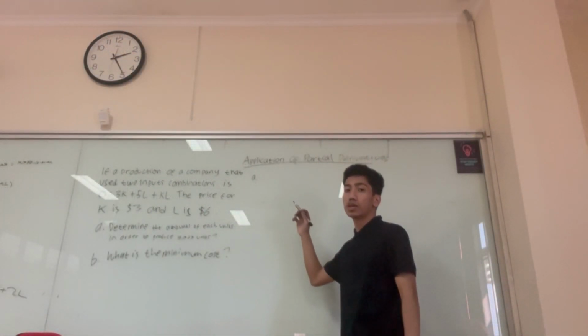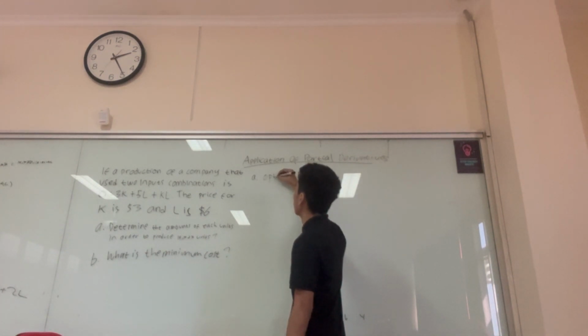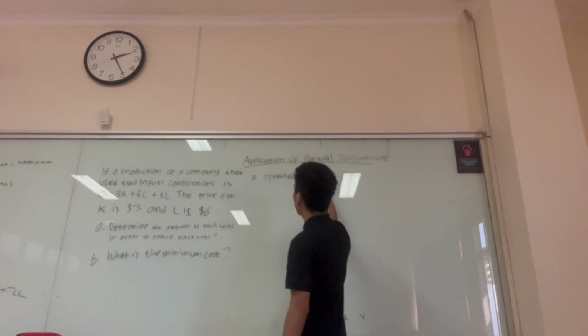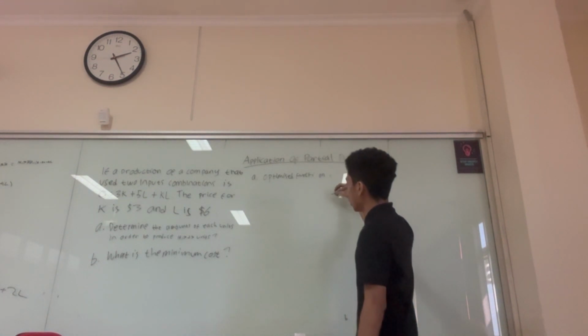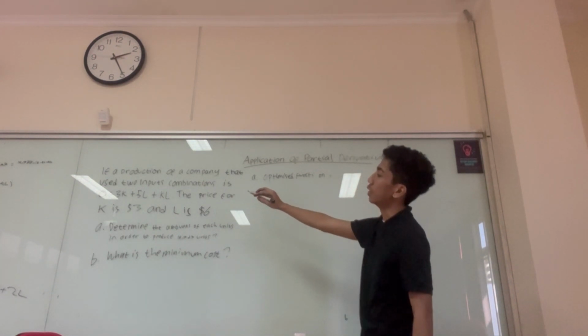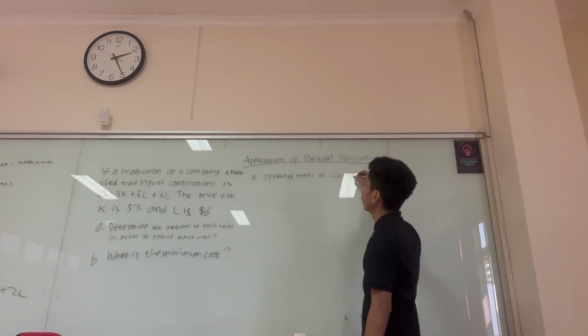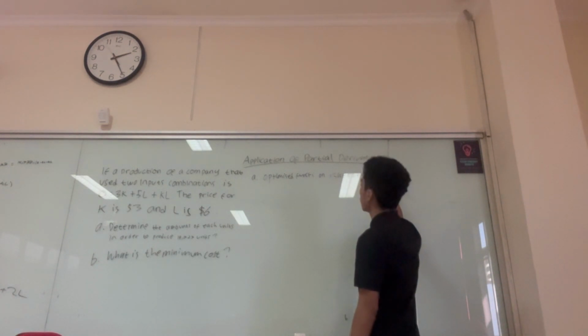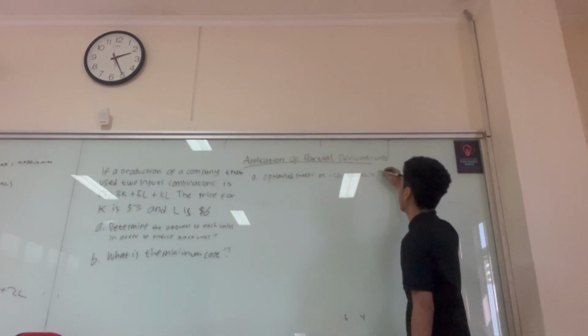Okay, so the first step is we have to determine the optimized function. So the optimized function is 3K plus 5L plus KL equals 14,777.